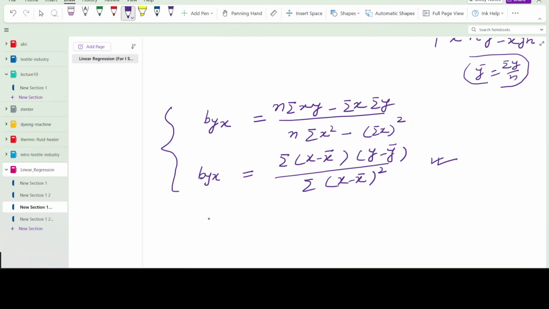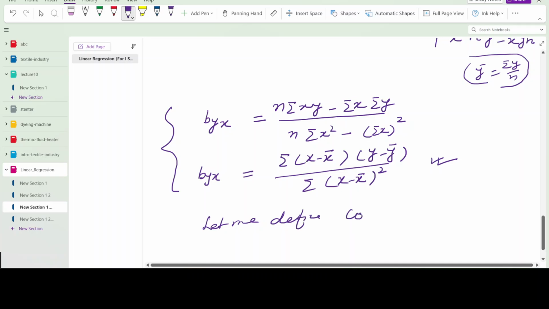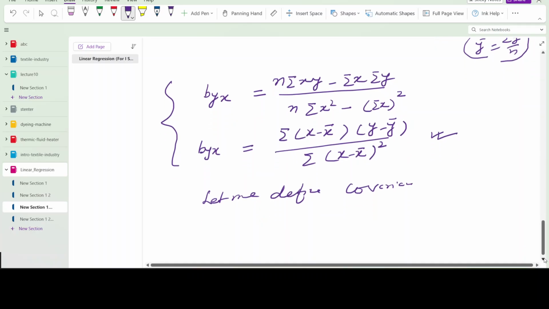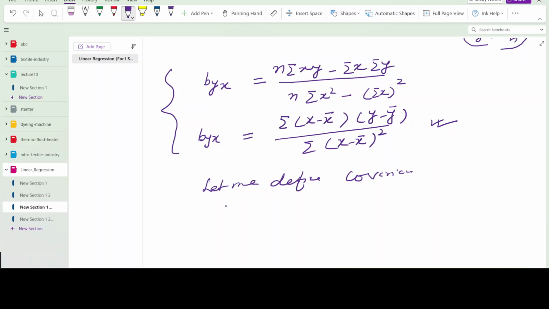So now we can see, let me define covariance. What is covariance?